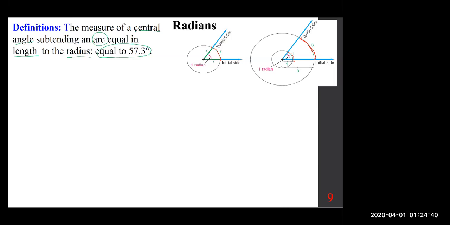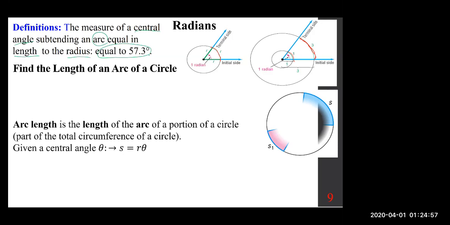All right. So let's look at the arc length and how we find it. Everybody remembers the circumference of a circle is equal to 2 pi r. So using that concept, we want to find the arc length, which is very simple. How do we find the arc length? Using the fact that circumference is 2 pi r.